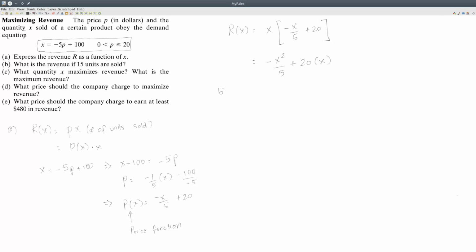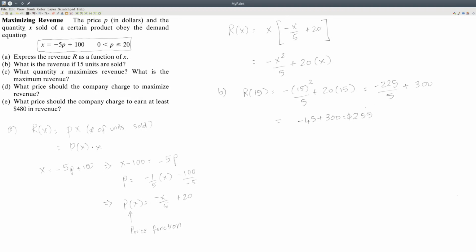Now we could find the revenue when 15 units are sold by plugging in 15, so minus 15 squared over 5 plus 20 times 15, which should be negative 225 over 5 plus 300. So negative 225 over 5 would be 45, so we have negative 45 plus 300, which should be $255.